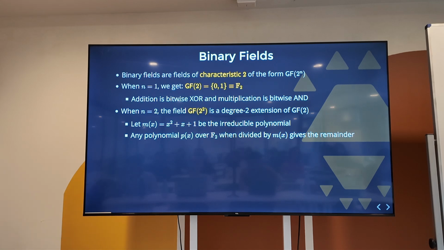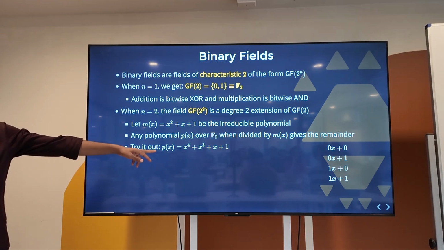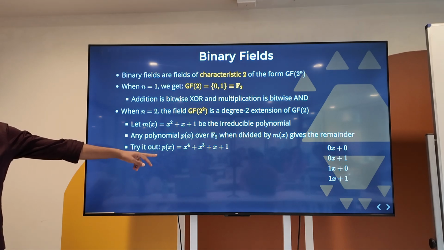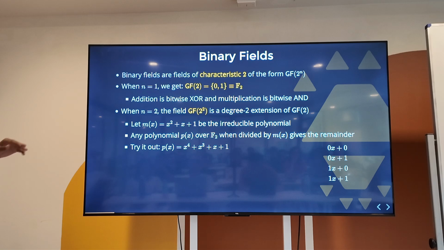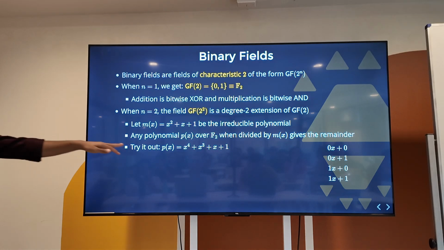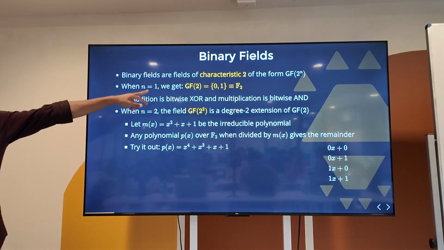We'll look at a quick example of what happens when we define a polynomial over our base field and then divide it by the irreducible polynomial. So let's take this example. This polynomial is indeed over the base field, and the reason for that is all of the coefficients of this polynomial are from your base field.